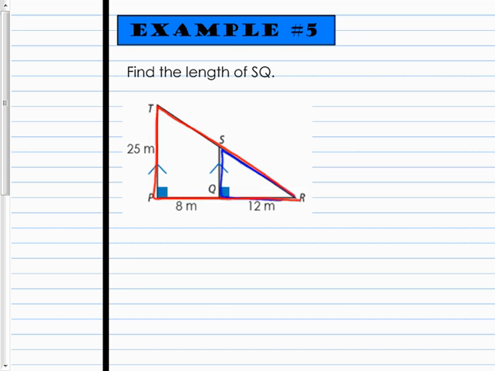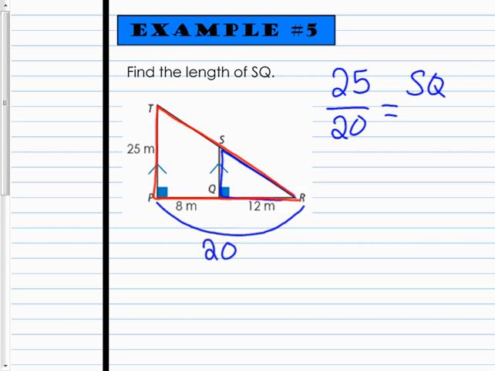With the larger triangle, I see that the one leg is 25, and the other leg is 8 plus 12, which is 20. Okay? So I'm going to do 25 over 20 equals SQ, which is the piece I'm looking for, over 12.